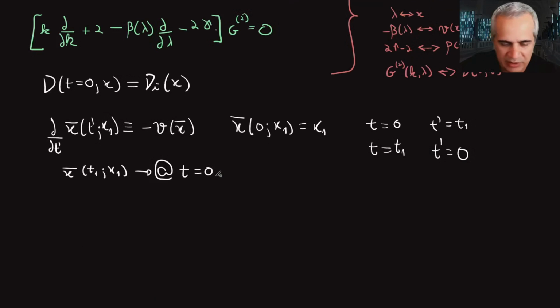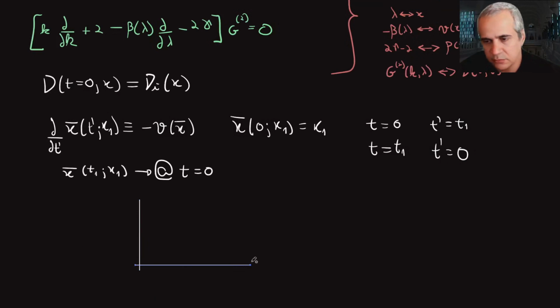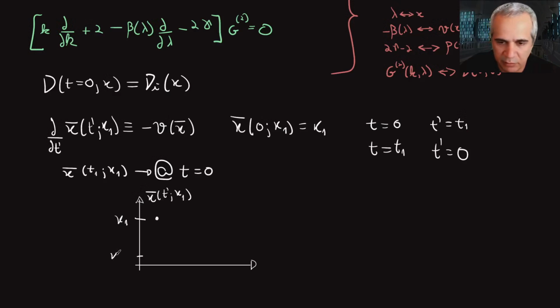So if I do a plot, just to make it even clearer, and I write this guy, x bar of t prime comma x1, this guy starts at x1 point here and finishes at some position x bar of t1 x1 at a time t1.